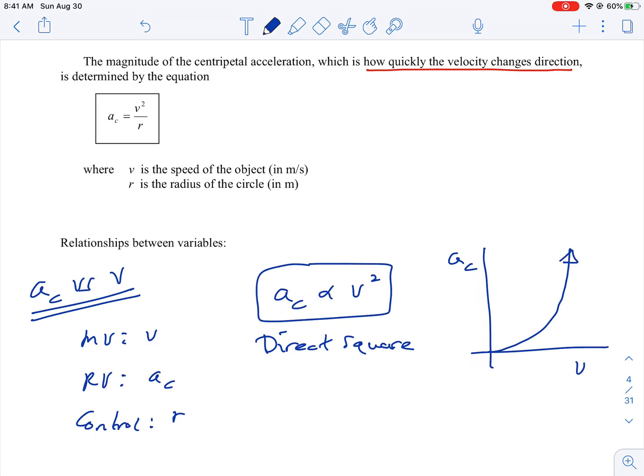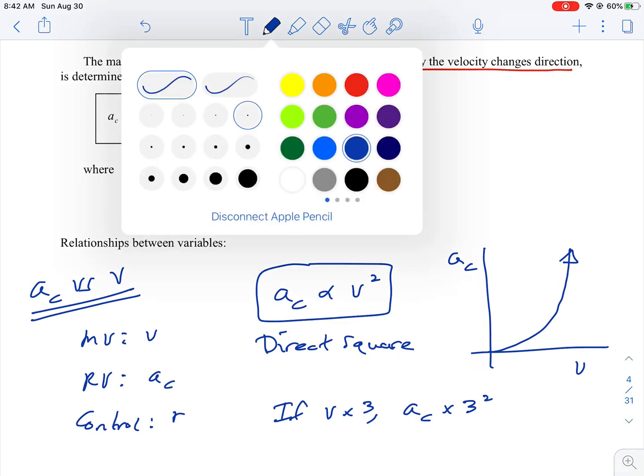We also should know that if, for example, V gets multiplied by 3, can you see what would happen to AC? It goes through the direct square relationship, so it'll be multiplied by 3 squared. What this is telling us is the faster the object goes in that circle, the faster it changes direction. Done. All right, let's try the other relationship.